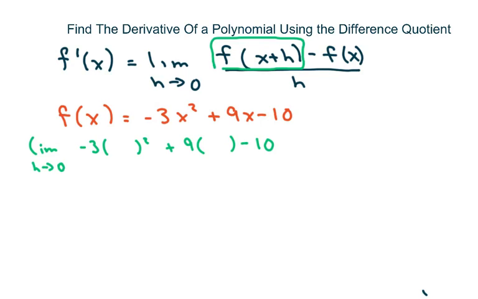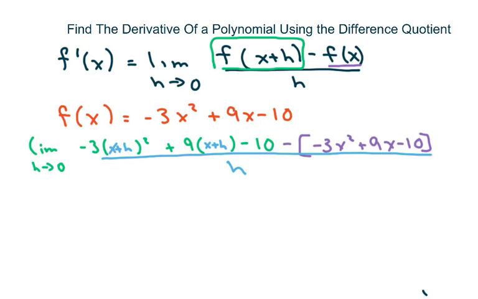And I'm going to input x plus h. Then I'm going to subtract the whole original function, which is negative 3x squared plus 9x minus 10. And of course this is all over h.